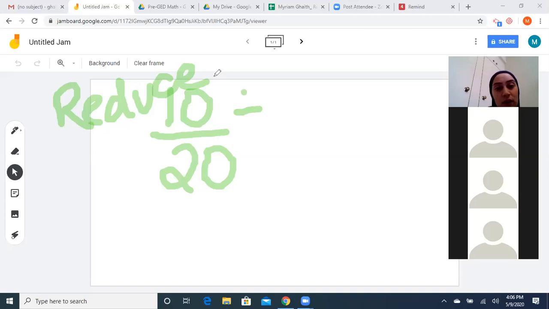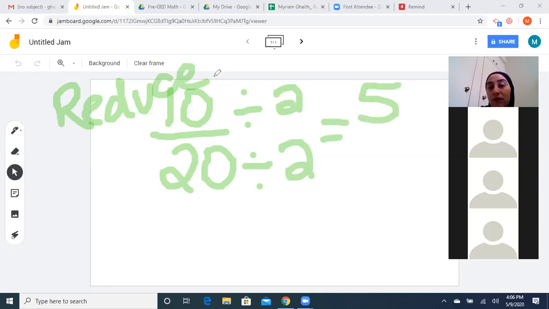Maybe I know 2 can go into both of them. So I'm going to divide by 2. I chose 2 because it's an even number and I know it goes into both of them. 10 divided by 2 is 5. 20 divided by 2 is 10.